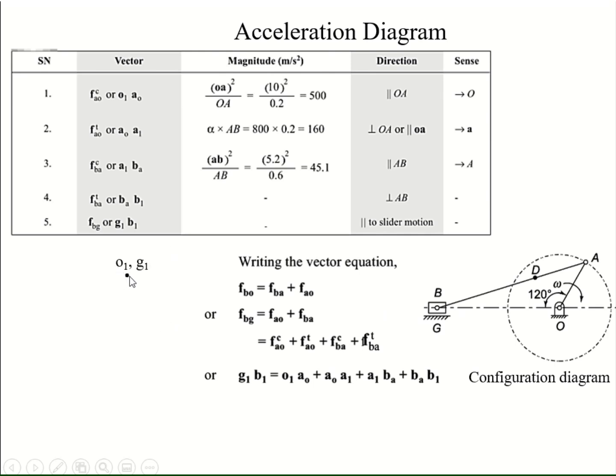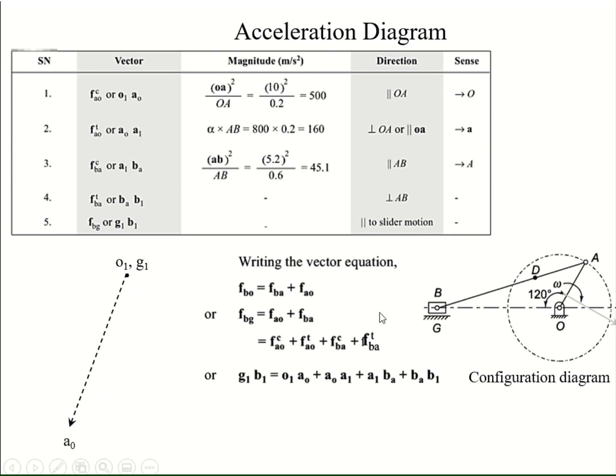So this is a point which is the fixed frame point, and it is denoted by O1 and G1. Next, we have the direction of the centripetal acceleration of AO. So this is the direction, and we also know the magnitude, so we can easily locate this particular vector over here, choosing an appropriate scale.